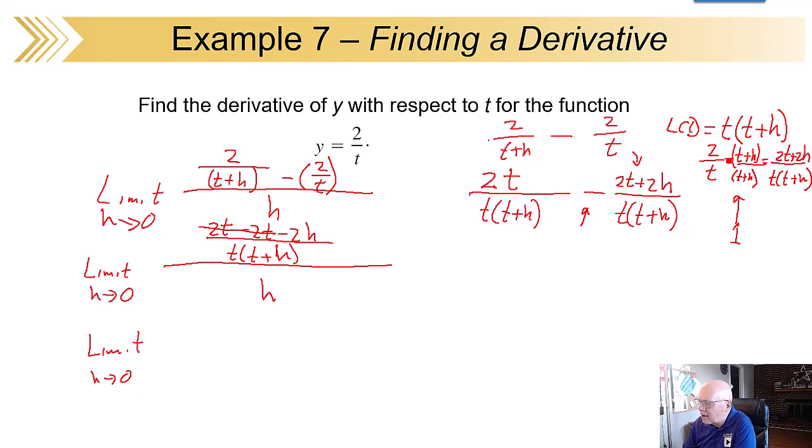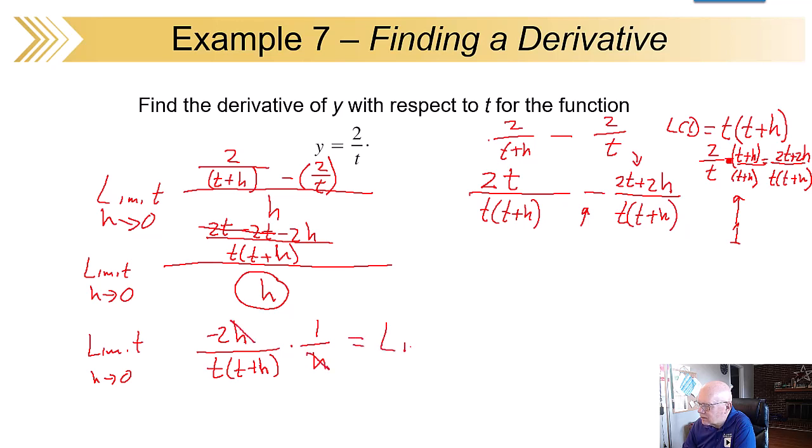So what I have is minus 2h over t plus h. And since I'm dividing by h, I can multiply by 1 over h, and those h's will cancel.